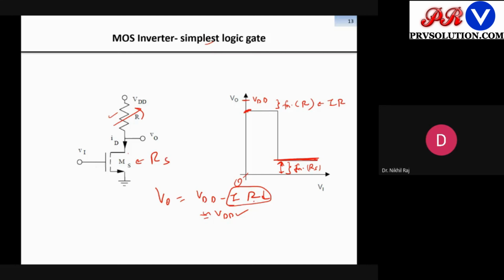With resistive logic, we will get certain values of VOL, VOH, VIH, and VIL, and the noise margin. If instead of a resistor I use a MOSFET here, then these values will change again, because they are all a function of the type of load. The very simple inverter is the resistive one, so this is a resistive load.